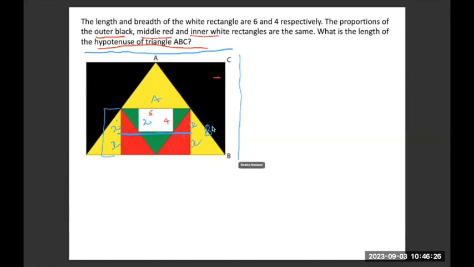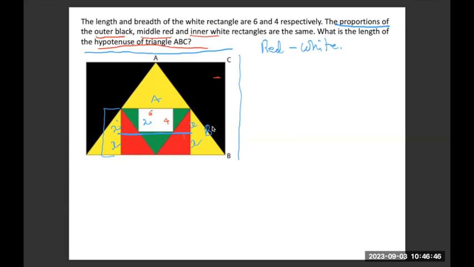What I'll do is I'll first take the red and white rectangles only, and I'll ask what is the dimension of the rectangle. White, red, and their proportion, which is established here. They both are in proportion with each other, which is very well established, so I don't need to worry about it.